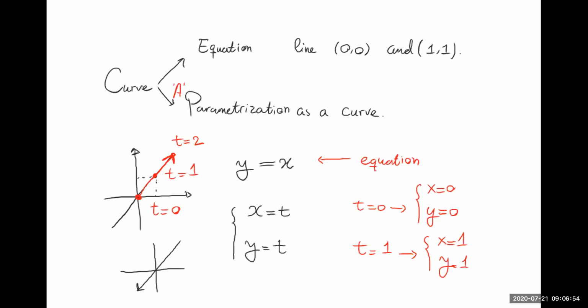So we can look at the same line, y equals x, and take a different parametrization. We might say x equals minus t, y equals minus t.